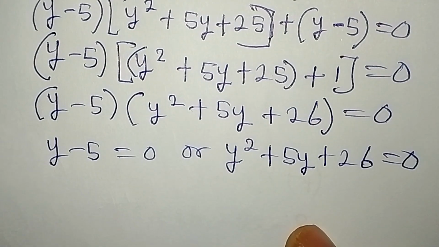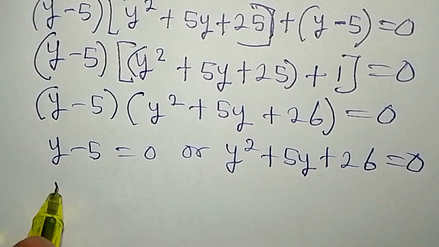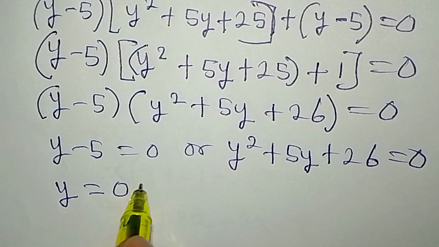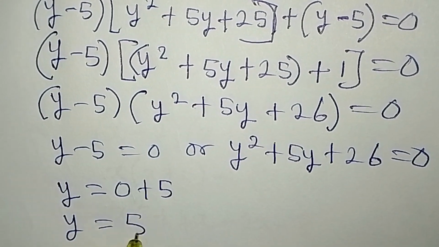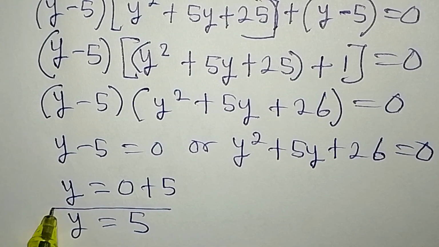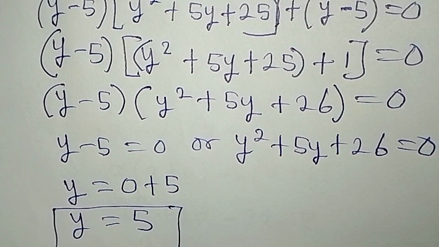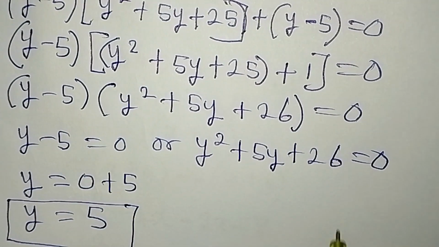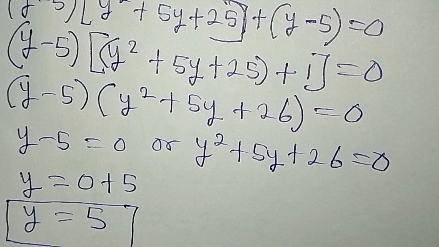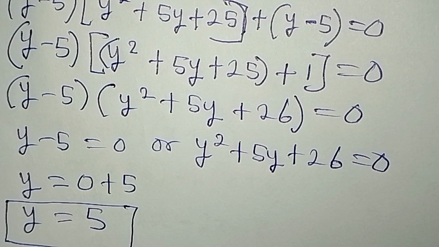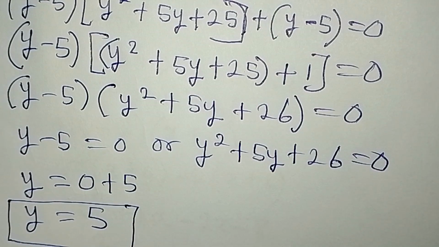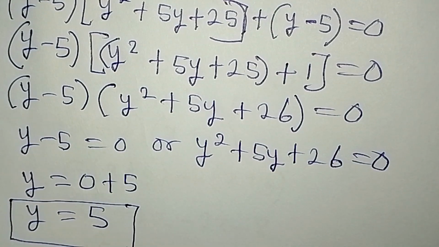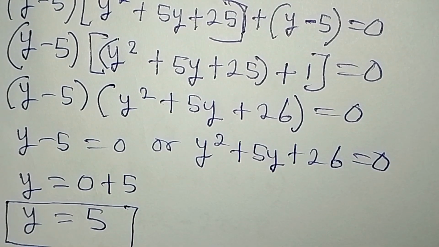So I'm going to deal with this linear equation first. So y will be equal to 0 plus 5, and our y is now equal to 5. So this is the real solution to the problem. But from this quadratic equation, we are going to have two solutions, although there won't be real solutions. Now let's go there.